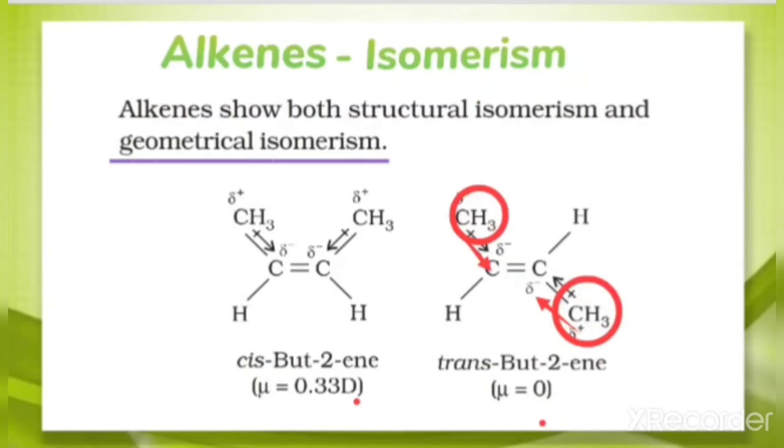That's why it gets a value of 0. But here they will not cancel, so there is a value for mu, while here the value of mu is 0. So from this itself we can make it clear that even though they have the same number of carbon and hydrogen atoms, they still show different properties like dipole moment, boiling point, solubility, etc. So this is what geometrical isomerism actually is.